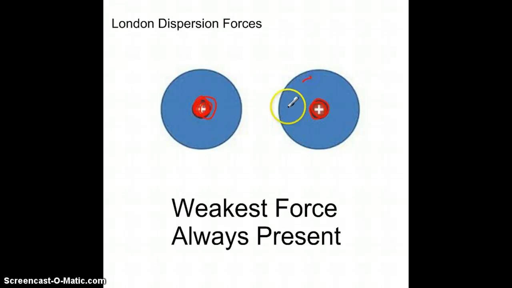And the electrons floating around the outside are negative. So this is the attraction between the nucleus of one atom and the electrons of another, which is a very weak force. This is why gases stick together a little bit and may come together to form a liquid at really low temperatures, because the motion is really slow. Okay.